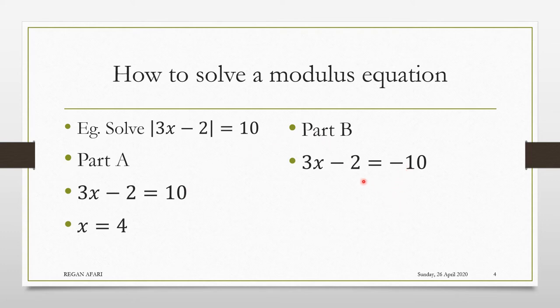We move this 2 across the equal sign to become plus 2, so what we have here will be negative 8. Then we solve for x, and x will be negative 8 over 3. Sorry, I made it over 2, but that should have been 3.